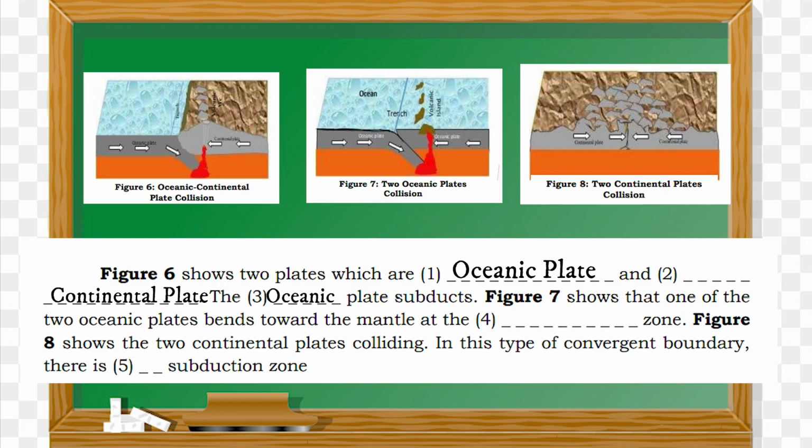The oceanic plate subducts. Figure 7 shows that one of the two oceanic plates bends toward the mantle at the subduction zone. Figure 8 shows the two continental plates colliding. In this type of convergent boundary, there is no subduction zone.